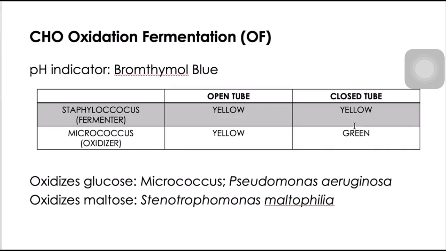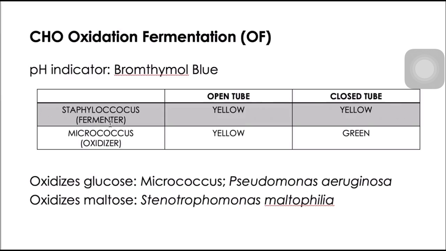So Staphylococcus, being able to grow aerobically or anaerobically, or being a facultative anaerobe, can utilize the glucose present both in the open tube as well as in the closed tube. As you can see here, the bromthymol blue turned yellow in the open tube as well as in the closed tube. Hence, Staphylococcus is known as a glucose fermenter.